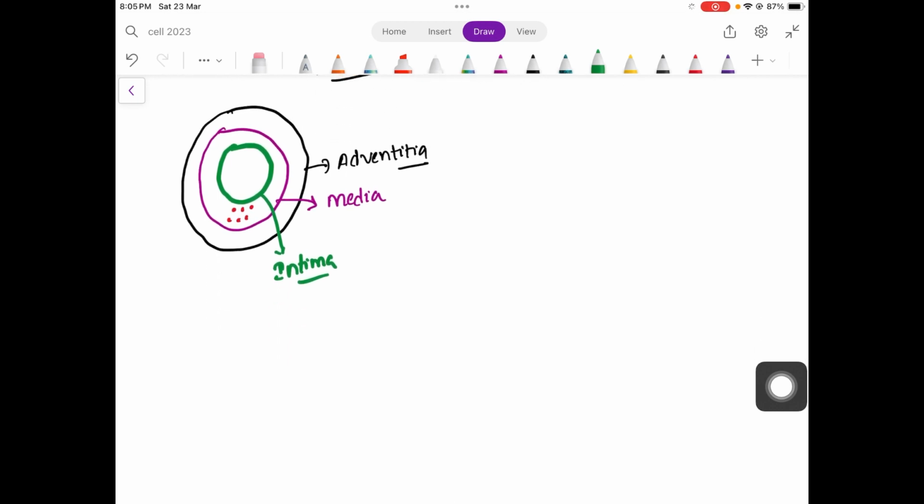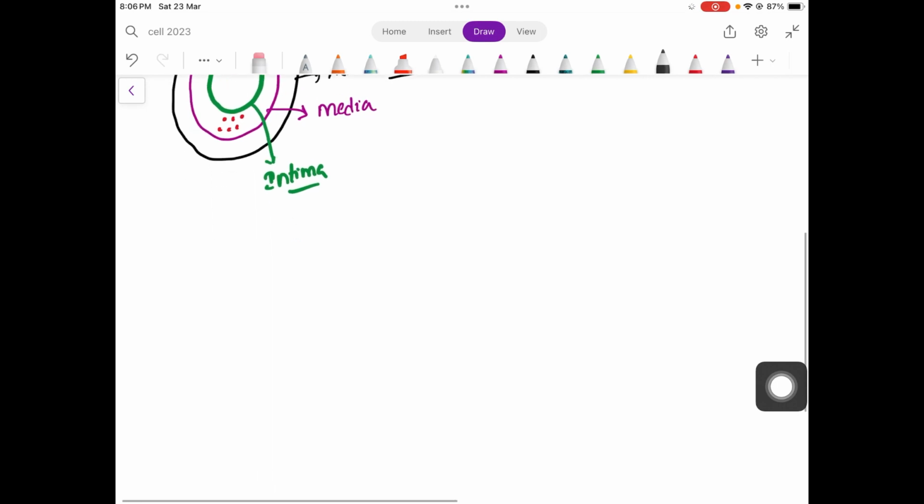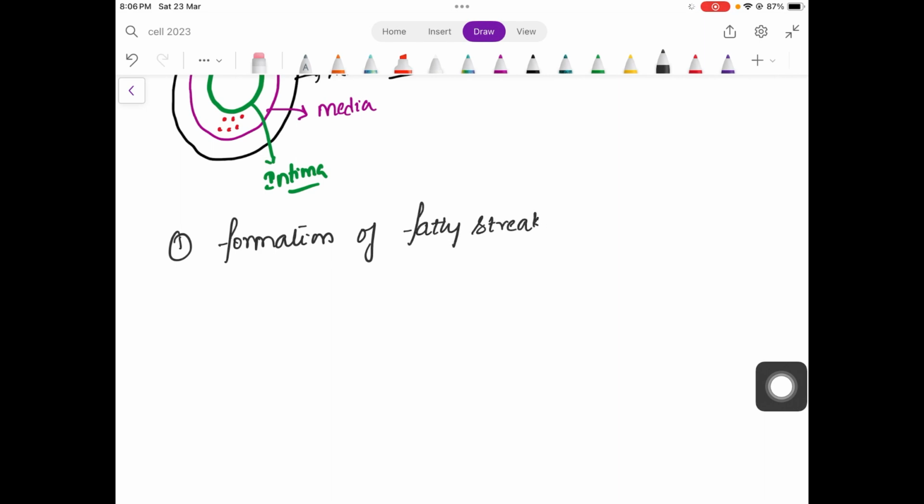This series of events is classified into three phases. One is formation of fatty streaks. Second one is formation of fibrous plaque.